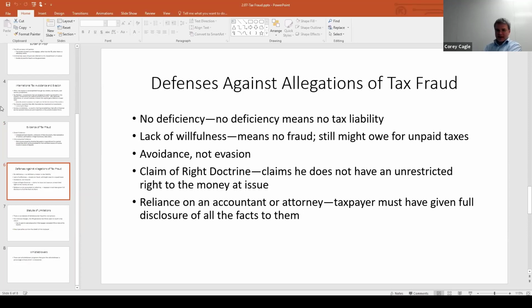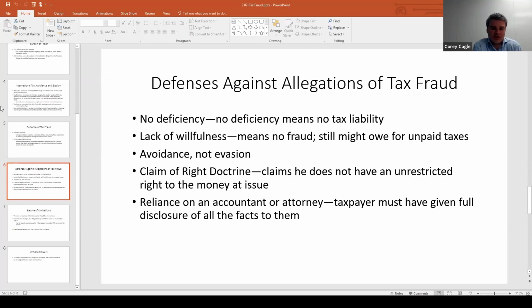Defenses against allegation of tax fraud. There's no deficiency would be a defense. If there's no deficiency, that means there's no tax liability and you're good, right? Lack of willfulness would be another one, which means no fraud. Still might owe for the unpaid taxes, but you're not a criminal, right? This is avoidance, not evasion, would be a defense.